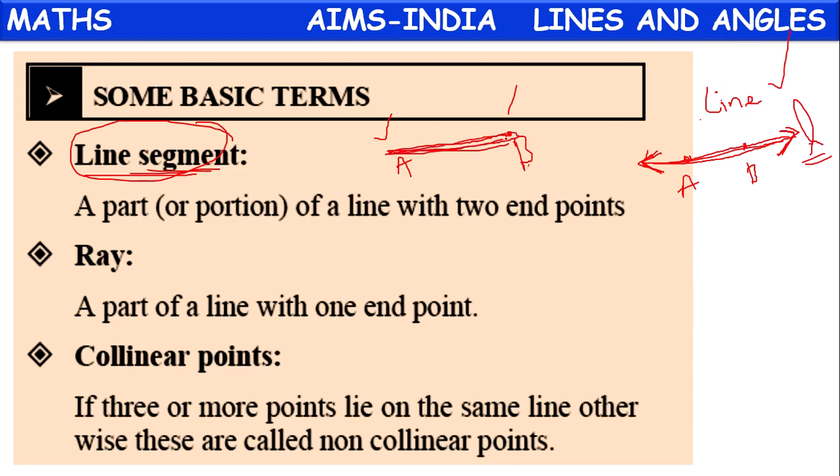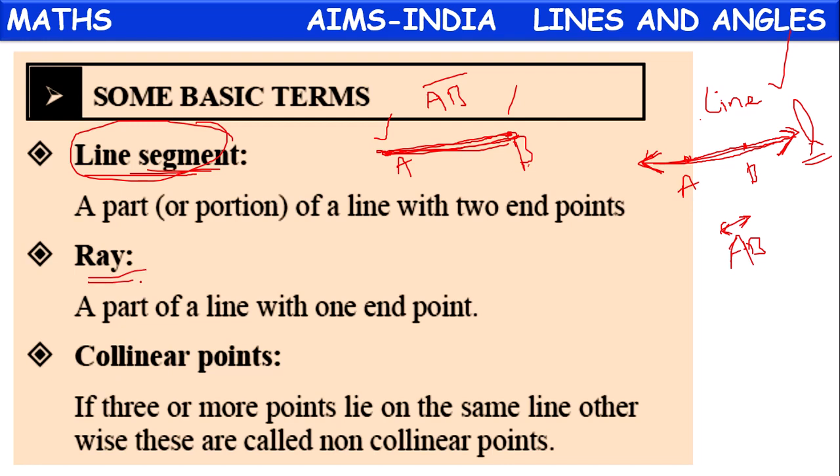The length of this AB is fixed. So line segment, we will represent as AB bar, whereas line AB, a line with arrow marks at both ends, we will represent like this. So line segment is a part of line whose magnitude is fixed, which cannot be extended on any side.